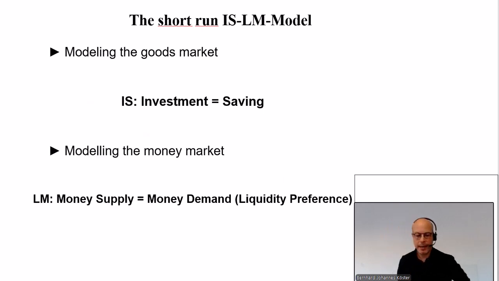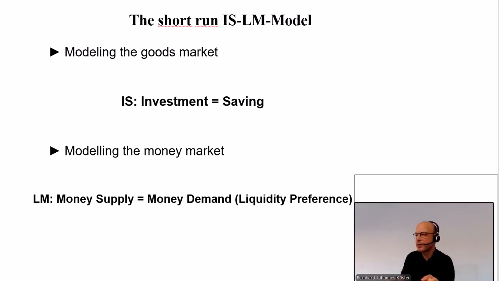So again, what was the ISLM model about? In general, we looked at two markets within this model: the commodity market, so to speak, the real world, and then the money market, because money is the central good in the economy for exchange.